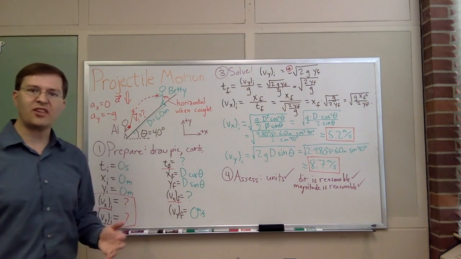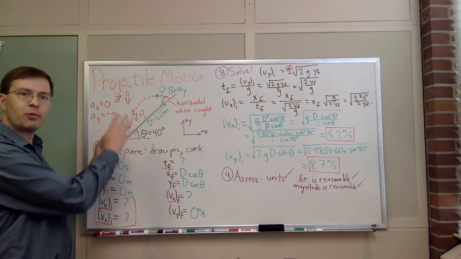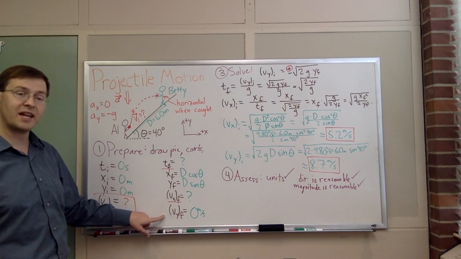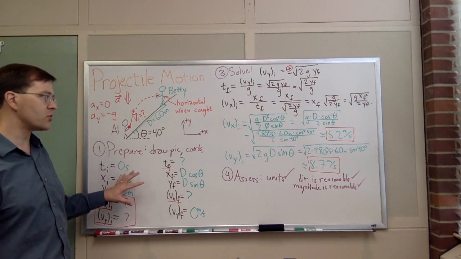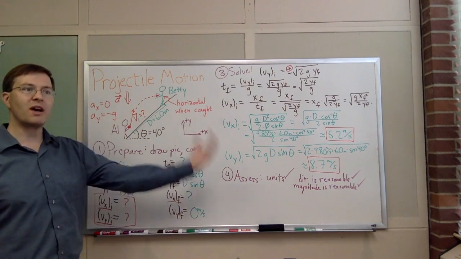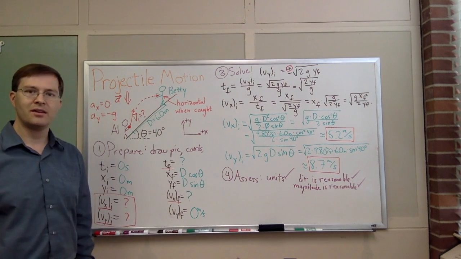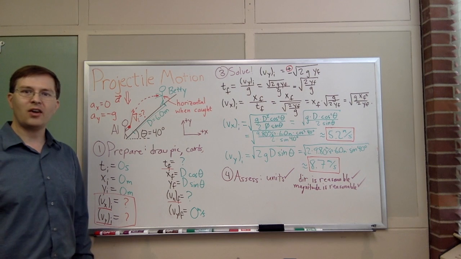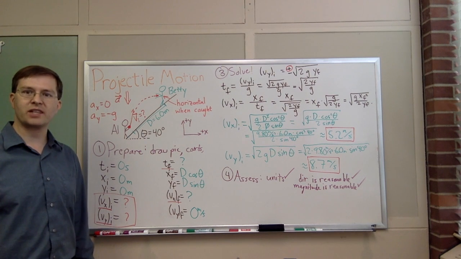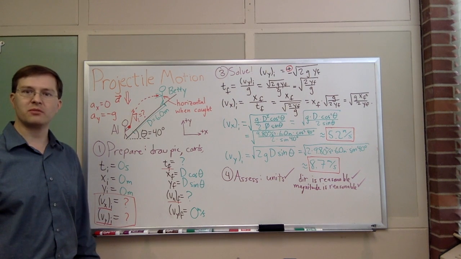The creativity, the physics, the work came in setting it up carefully, thinking about what the events were, thinking about the fact that it's a known Vy equals 0 at the end, thinking about what those knowns and unknowns were, and recognizing what was constant velocity and constant acceleration so that I knew which mathematical models would apply to link those events together. That's what there is to it, and I hope that gives you a better sense of how to use our physics problem-solving strategy for projectile motion problems, or really any constant velocity acceleration problems you might run into.